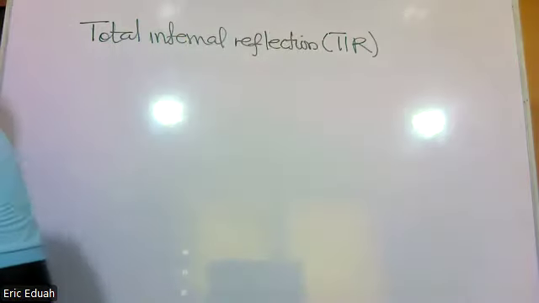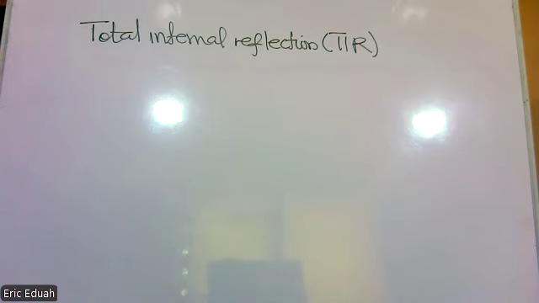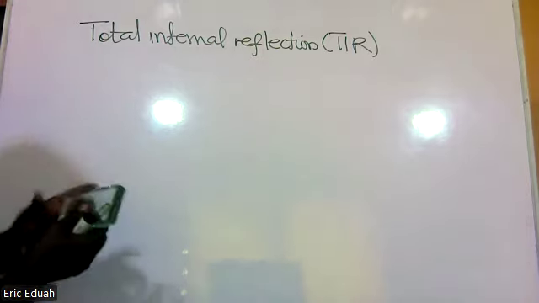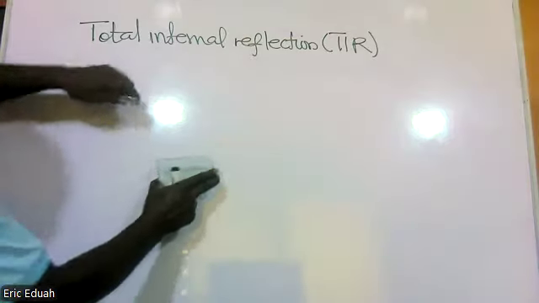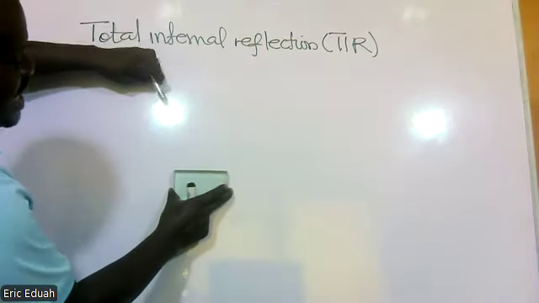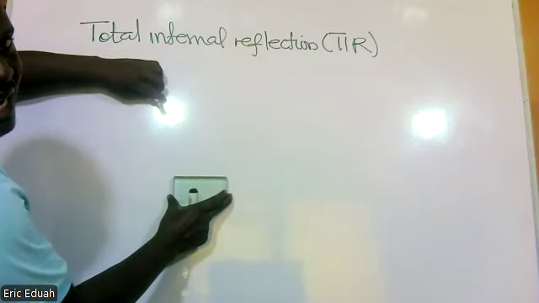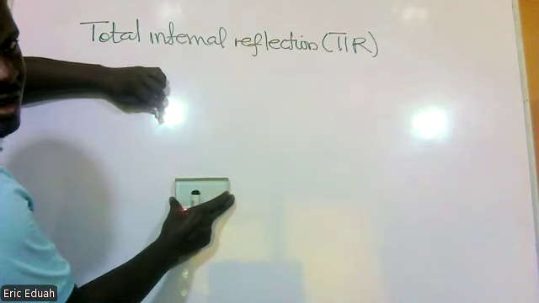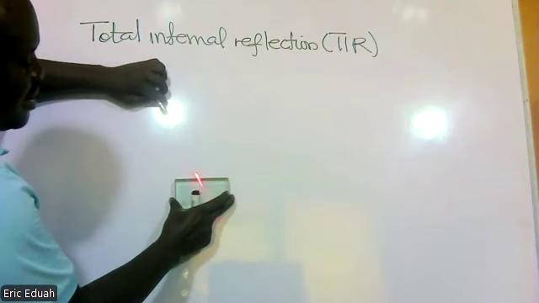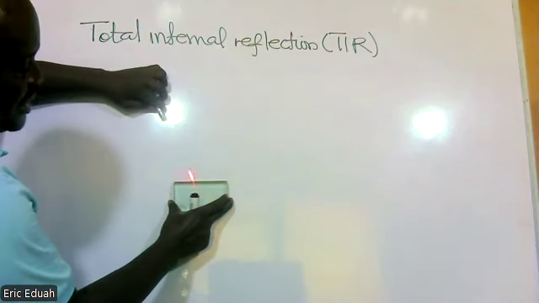Okay. Now, let me see if I can demonstrate this. I wonder if you can see. This is a rectangular glass block. I'm incidenting a laser. You will not see much.